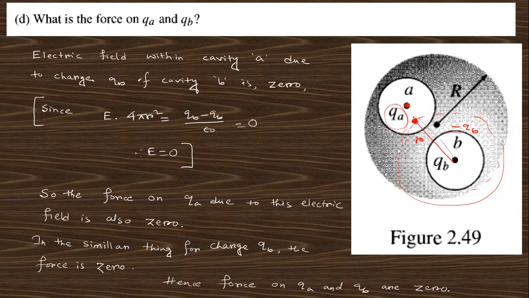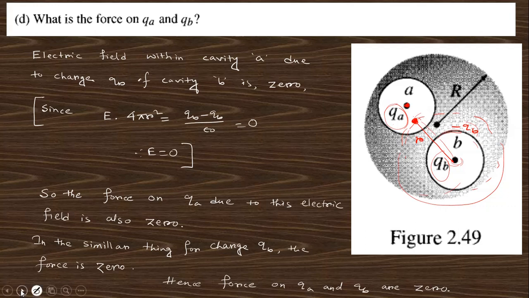So if you take a radius r at that cavity region, within this sphere the total charge will be 0, because of qb and the induction of minus qb. Since the total charge is 0, the electric field will be 0. Since electric field is 0, the force will be 0. A similar thing happens for that charge also. So the force on qa and qb will be 0.